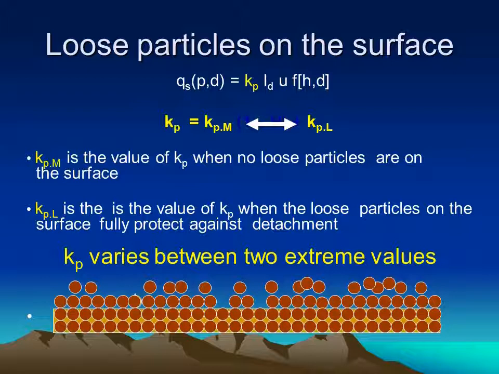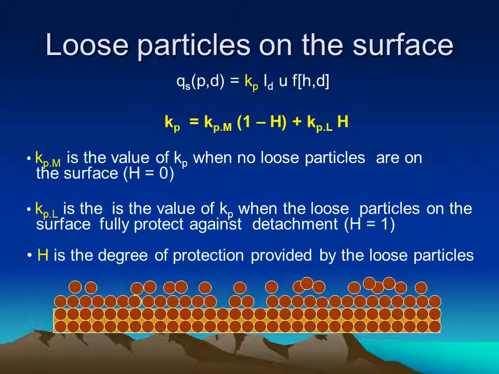And then the other extreme is when that layer of material on the surface completely protects the underlying surface, and it only then lifts up material that's been previously detached. And so we have a little equation here that enables us to go between those two extremes, and we have a thing called H, which is the degree of protection provided by those loose particles.